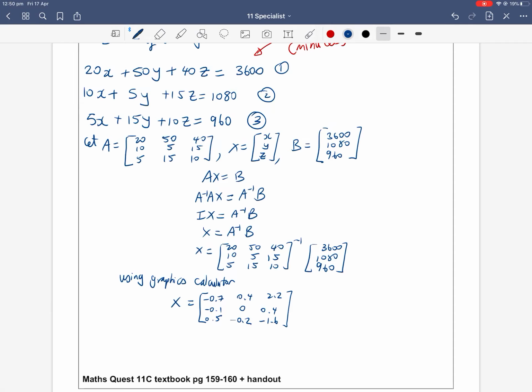Also, a recommendation is to always write your answer in terms of fractions, especially for recurring numbers. So if your A inverse ends up being like 3.333333 forever, you really should use the SD button to change it into fractions so that you get more accurate answers later on. If you have terminating decimals, that's okay, you can write it out.